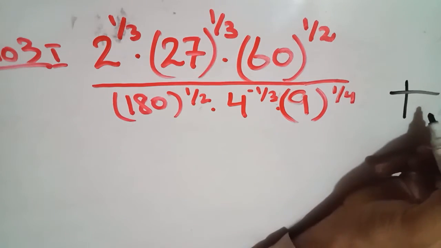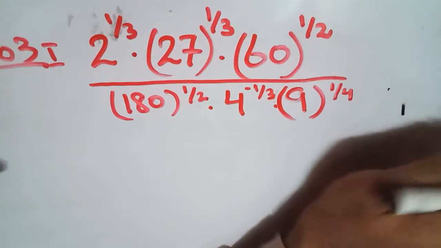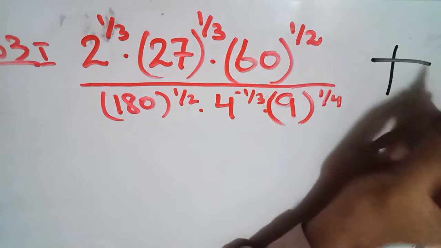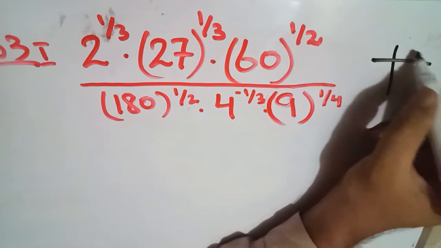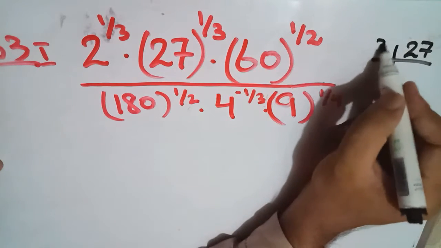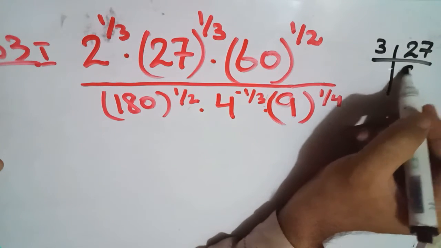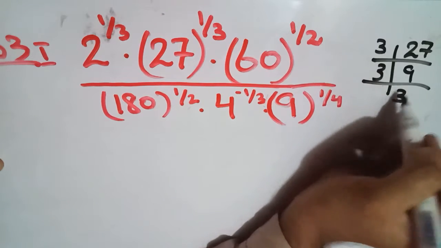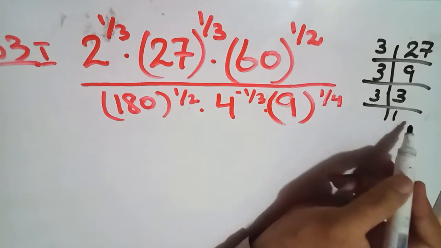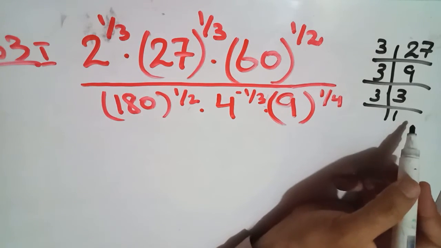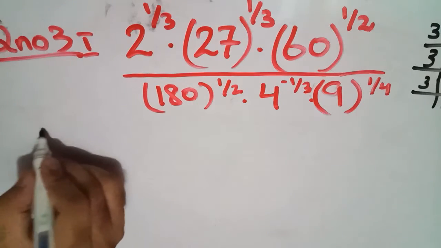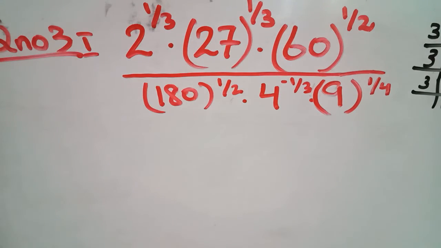making the factors. First of all you will make some factors in your rough work, like I am making the factors of 27. So 27 has factors: 3 nines are 27, 3 threes are 9, and 3 ones are 3. These are the factors for 27, and you can write it from this side.